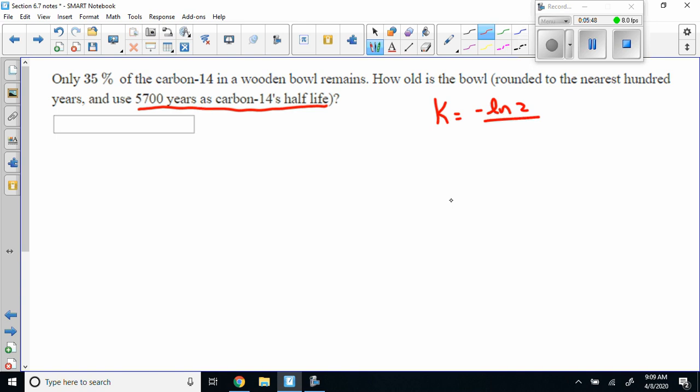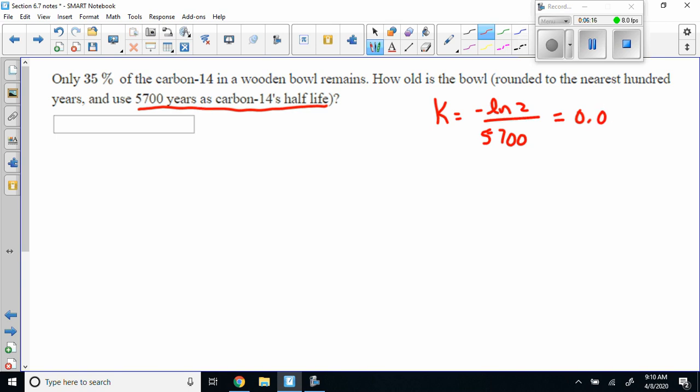Divided by 5,700, so my k is equal to, well, this is probably going to give you scientific notation, something like 1.216 times 10 to the negative 4. What you have to do is write that out and expand it.